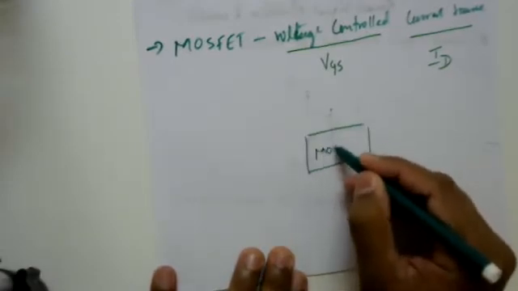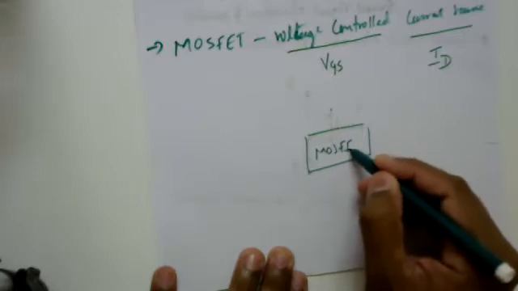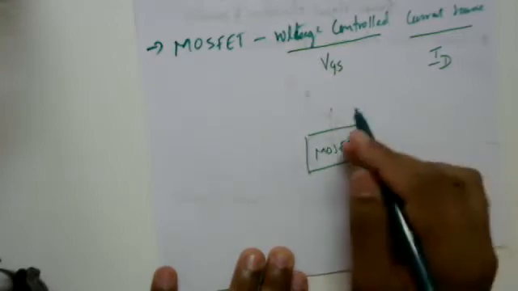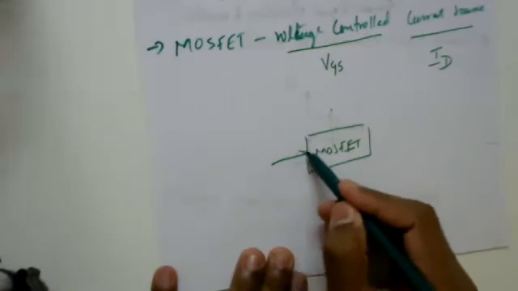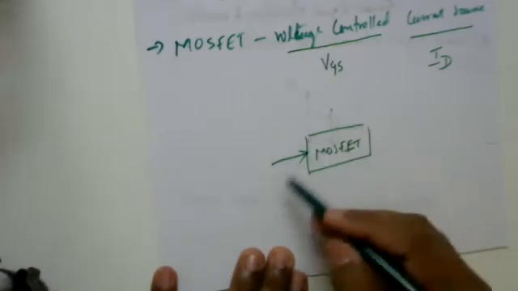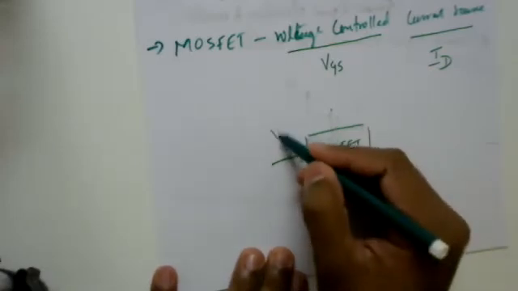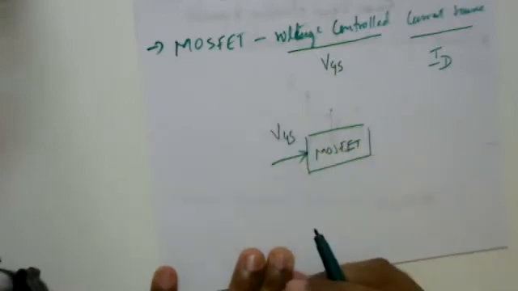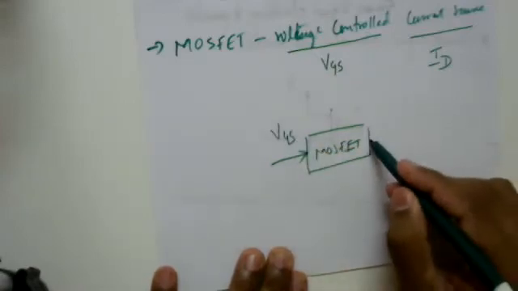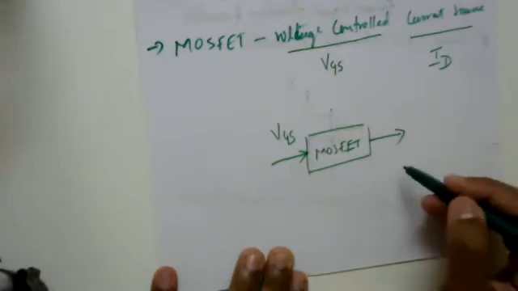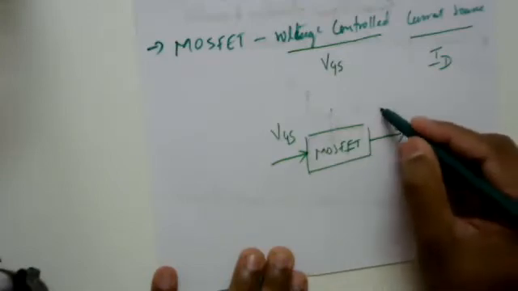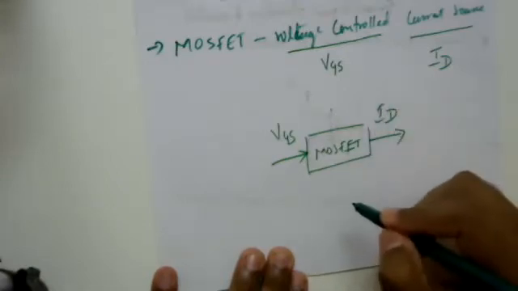So this is my MOSFET with the three terminals, shown as a black box. The input voltage I'm going to apply to the MOSFET is my VGS, and the output I'm going to get from this MOSFET is the drain current.